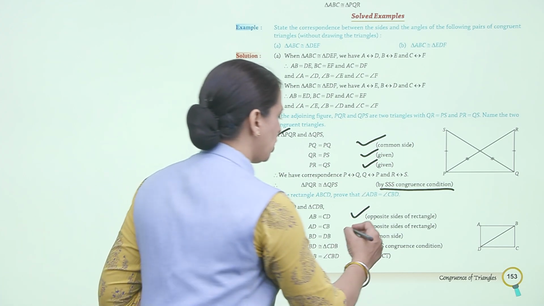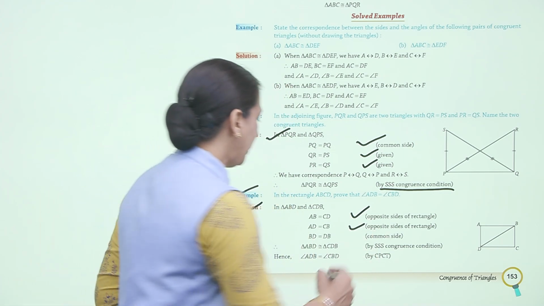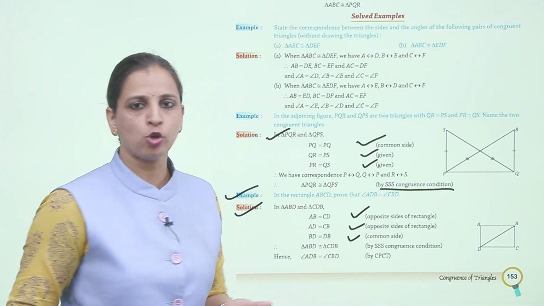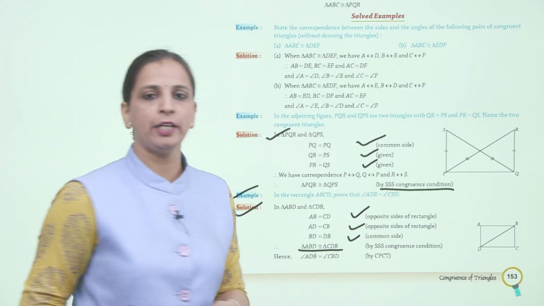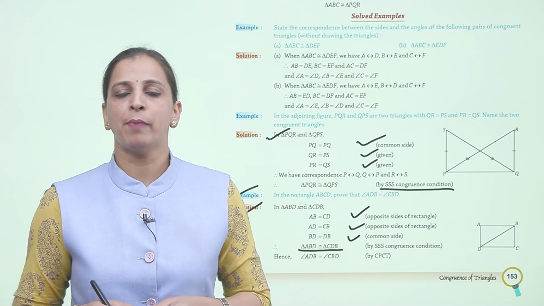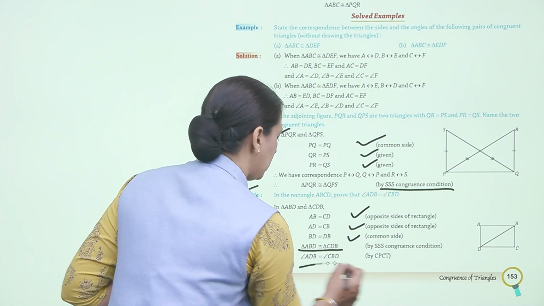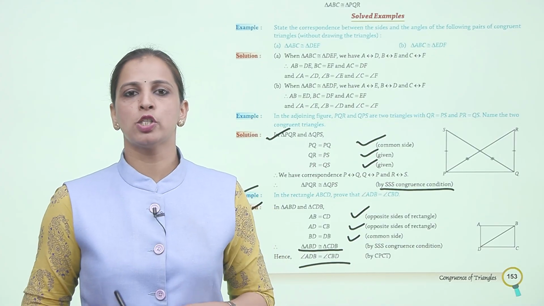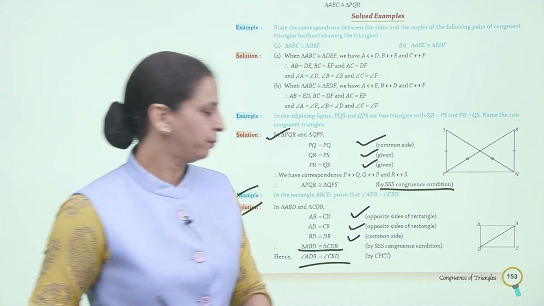AD is equal to CB, again opposite sides of rectangle. Now BD is equal to DB, that is common side. So triangle ABD is congruent to triangle CDB by side side side congruence condition. Hence angle ADB is equal to angle CBD by CPCT.